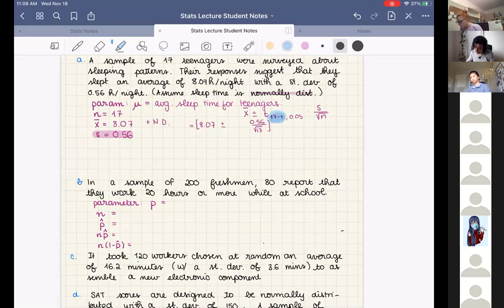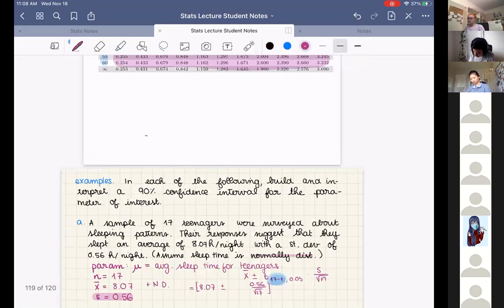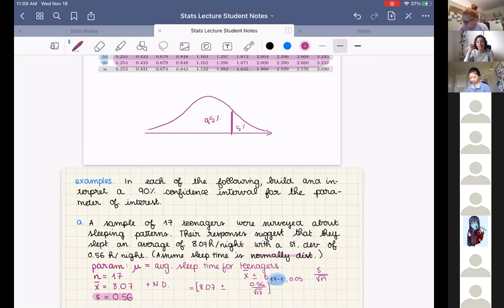I'll do the drawing here, the distribution, the value that separates the top 5% from the bottom 95%, right? Because I'm trying to find a 90% confidence interval, which means I need to chop 5% from the top and 5% from the bottom. At this point, this is going to be the value that I'm looking for. And I know that my number of degrees of freedom here is 17 minus 1, which is 16.